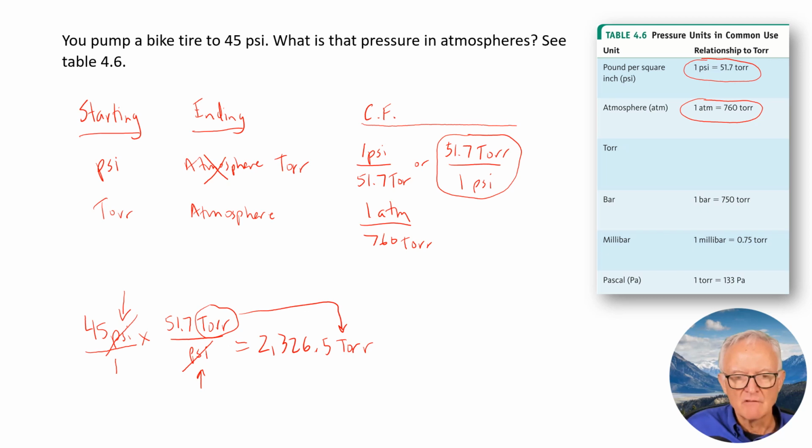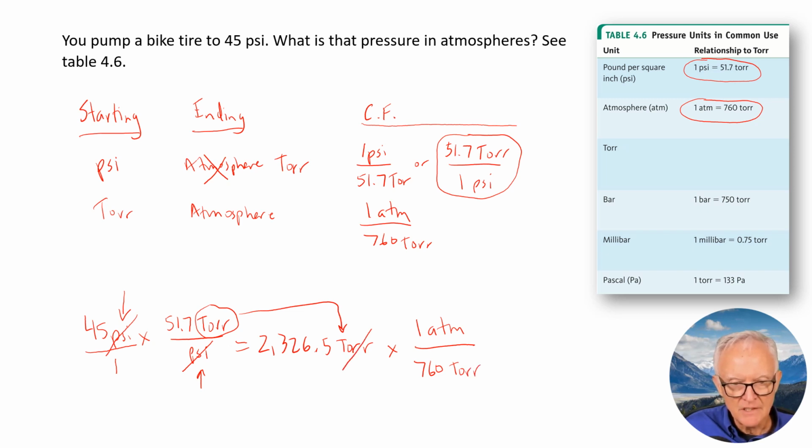And of course, we can write that in the opposite way as well, but I know that we want to use the one that has 1 atmosphere in the numerator and torr in the denominator. So I'll set that up like this.